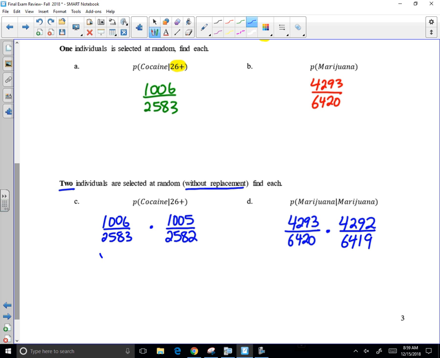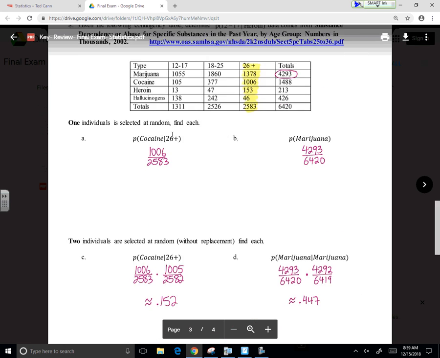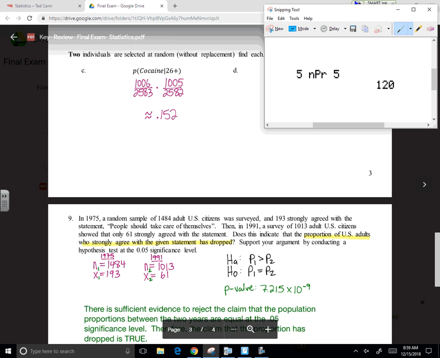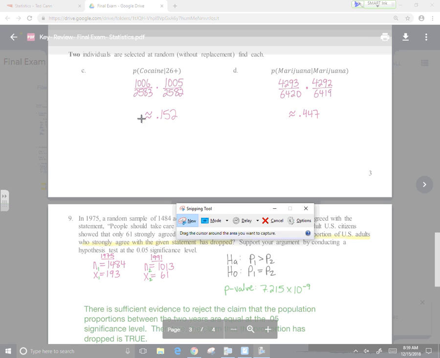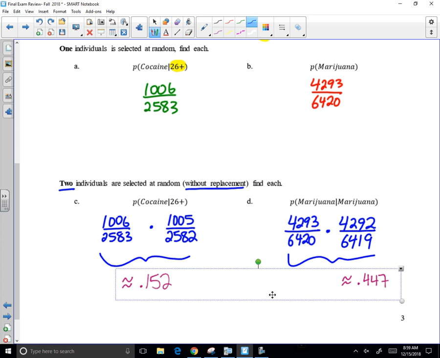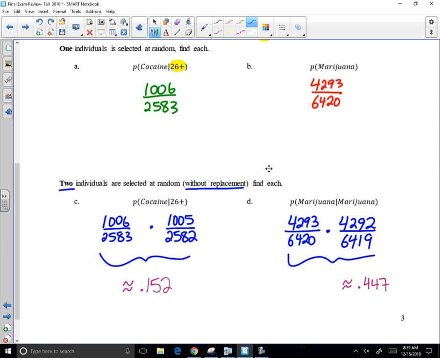So you just multiply these together and you get your answer, which I can just steal. That iPad app really makes my handwriting look good. So you want to multiply across? Multiply across, yep.